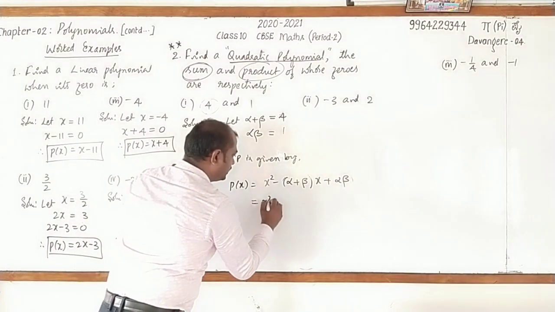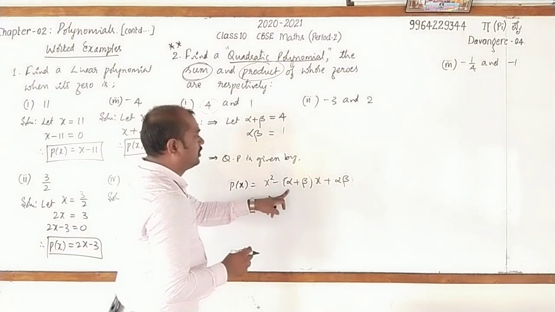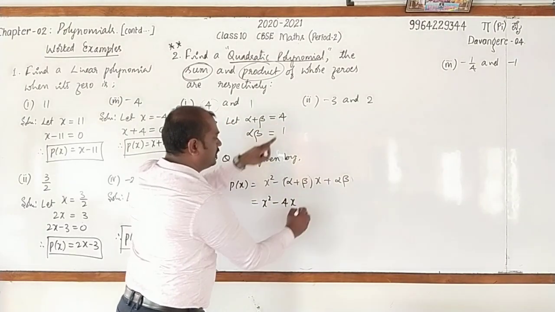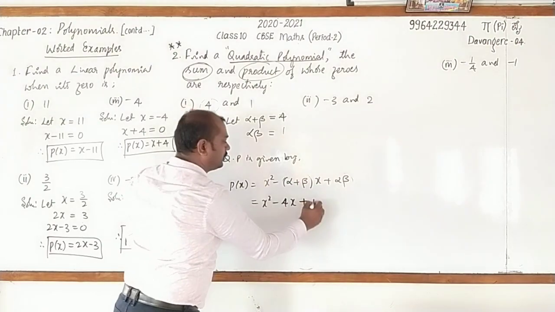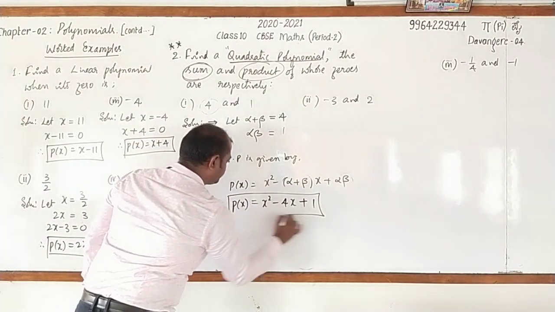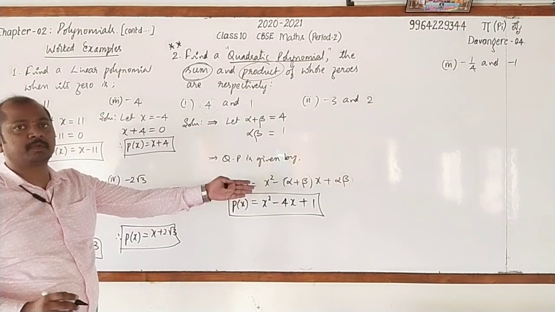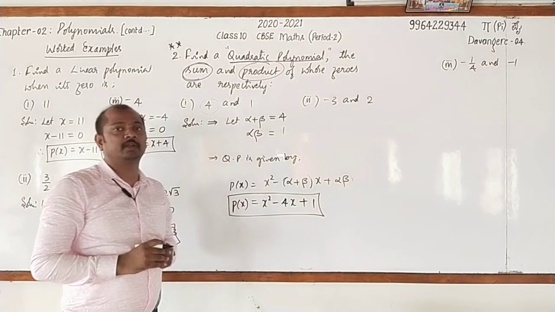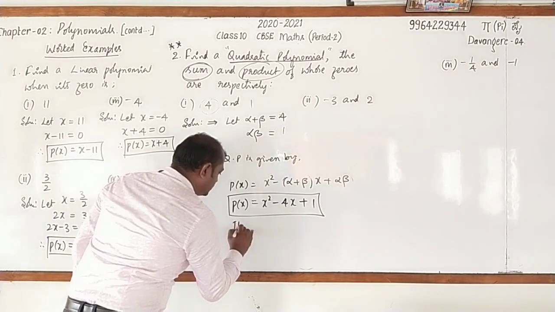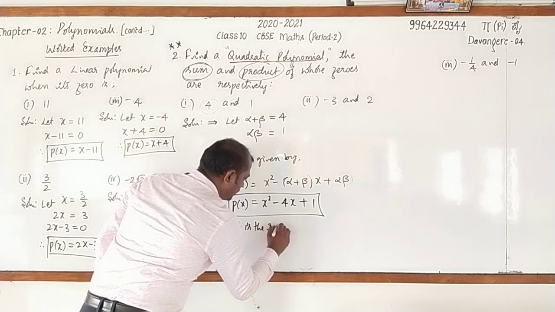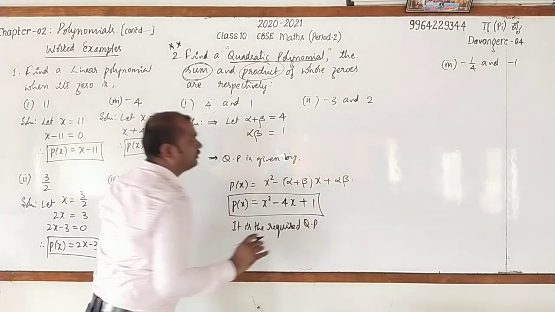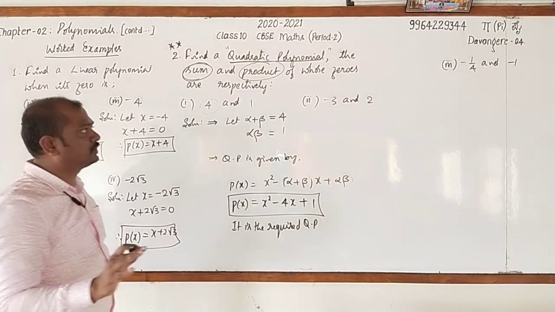It is equal to x square minus of, what is alpha plus beta? It is 4. 4 into x plus alpha into beta, 1. So p of x equal to x square minus 4x plus 1. This is the required polynomial. Clear? It is the required quadratic polynomial. Hope that you have understood.